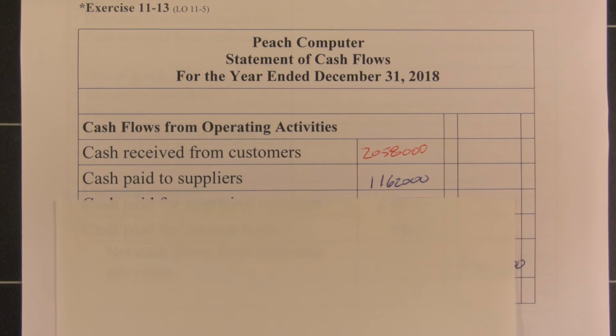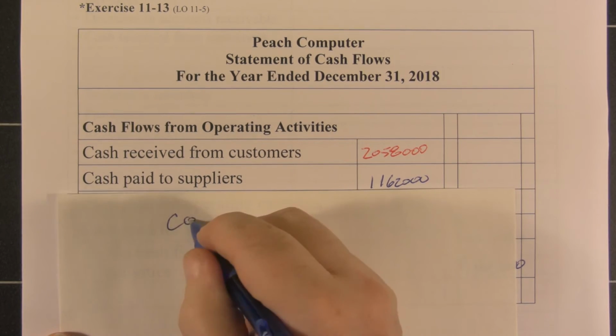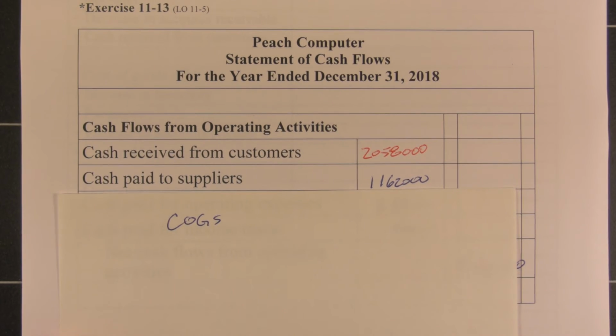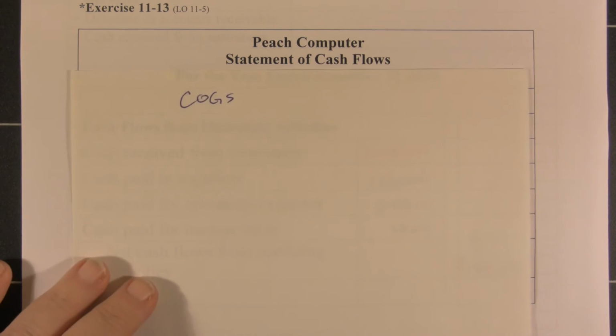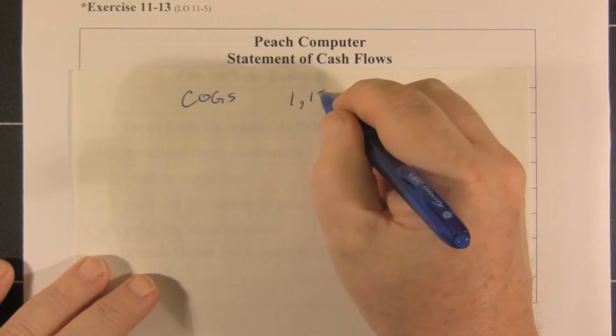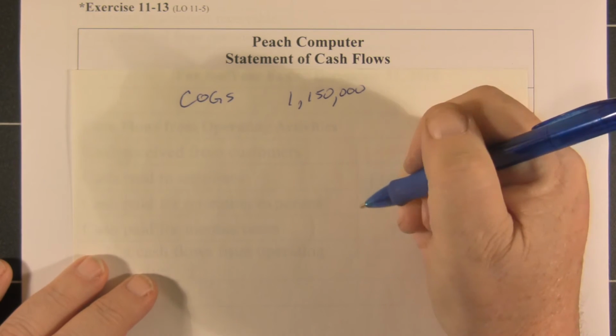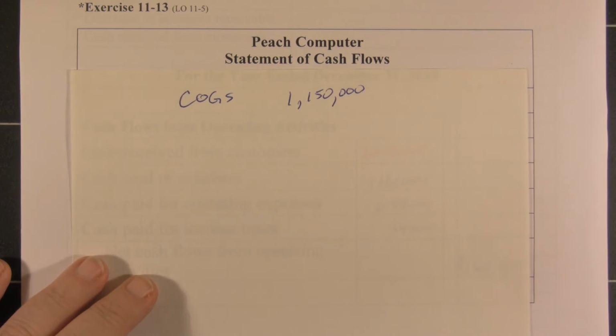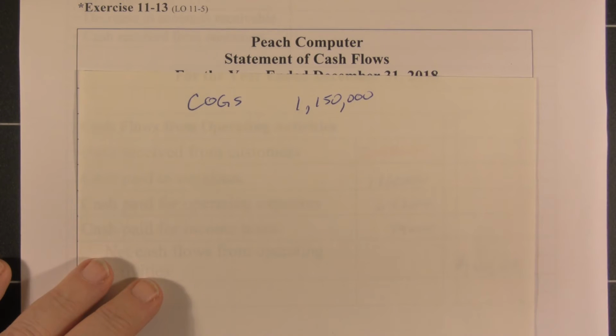Cash paid to suppliers, same sort of deal. I start with cost of goods sold because it's the only place that makes sense. Cost of goods sold was $1,150,000. Now, the cost of goods sold included inventory that I started with, that I paid for last year, and inventory in my ending inventory that I'm going to sell next year.